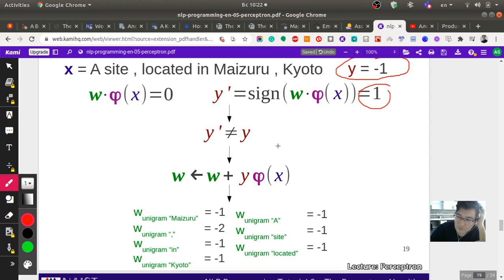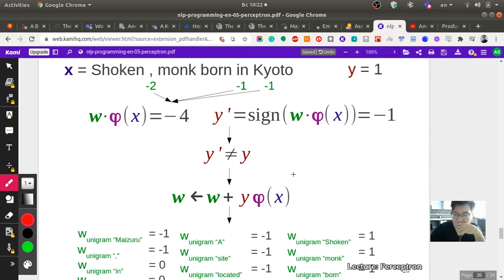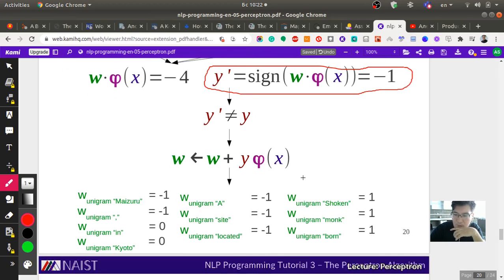It hasn't predicted correctly, and then you change the weights: weight is equal to weight plus y times phi(x). In the second update you also take this one, so it must be 1, but it outputted -1, and in this case the weights will be less for -1.